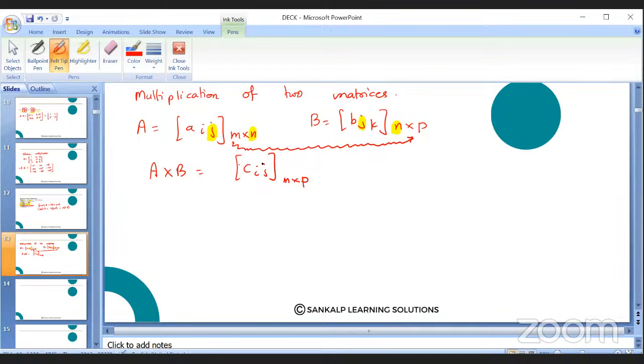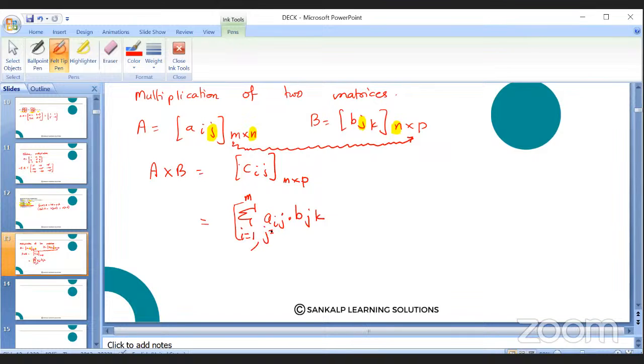And how will you get Cij? How will you get this Cij? You have to multiply all Aij's and Bjk's, and then you have to add. Sigma means adding. I will be from 1 to m.